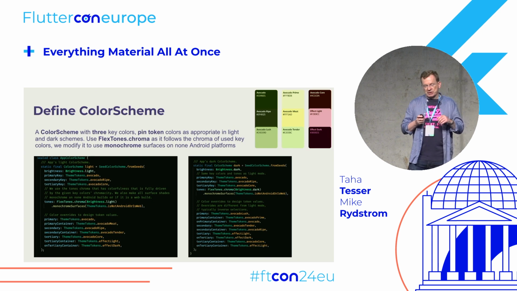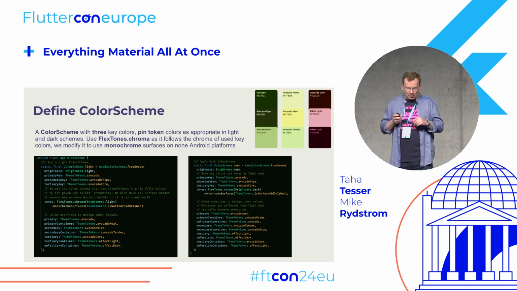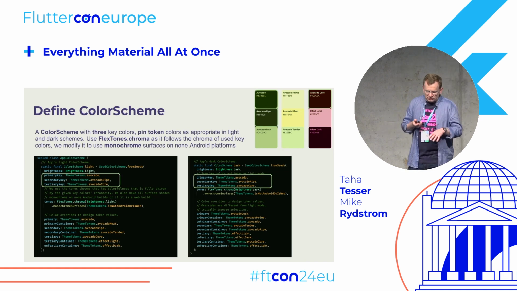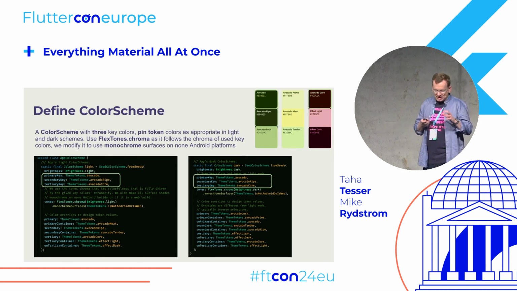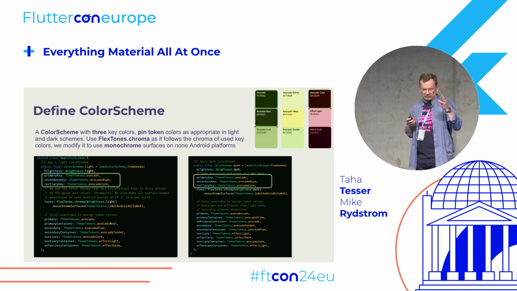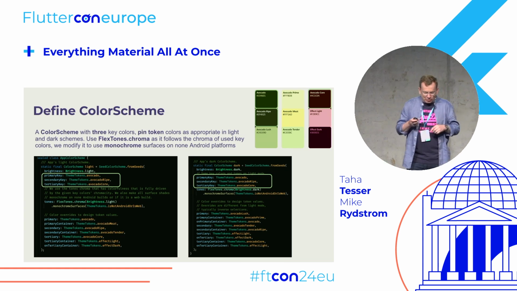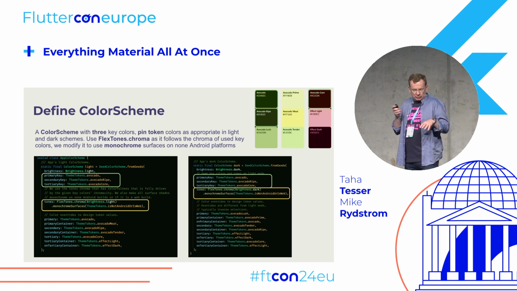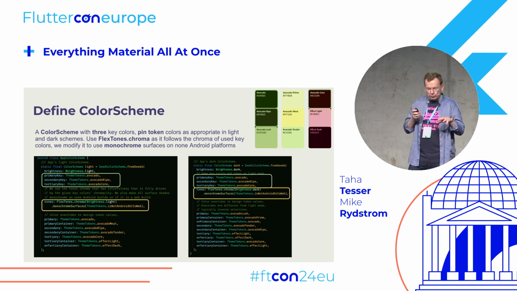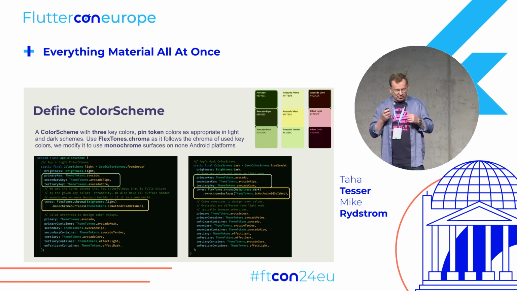First thing to do, though, is always to get your color scheme together. So what I'm going to do here, I picked 3 colors, the avocado, avocado ripe, and avocado core, as my seeding colors. I'm using 3 seed colors here, so I have to use that package that somebody wrote. I'm also going to use a special tone adaptation so that we get another algorithm than the standard one.